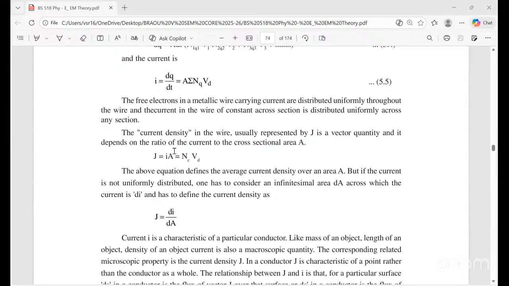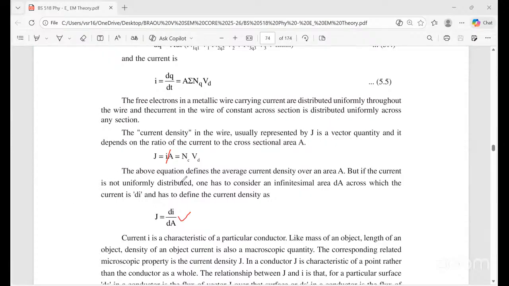J equals I by A. Here there is a print mistake: it is I by A. This is the current density.